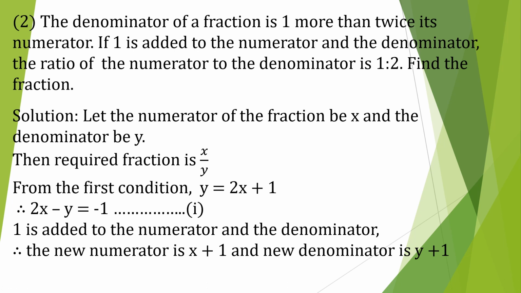But the ratio of the numerator to denominator is 1:2, according to the second condition. So you have to write it in fraction form. So you'll have x plus 1 upon y plus 1 equal to 1 upon 2. This is your second condition.